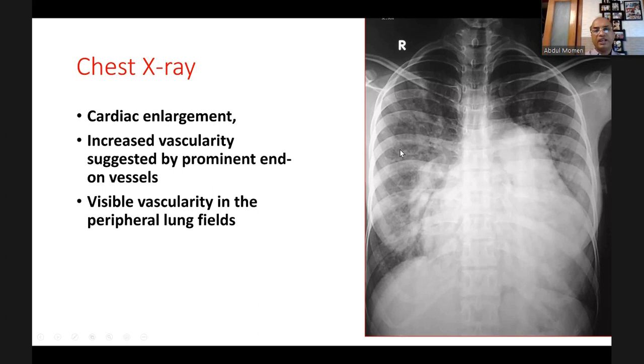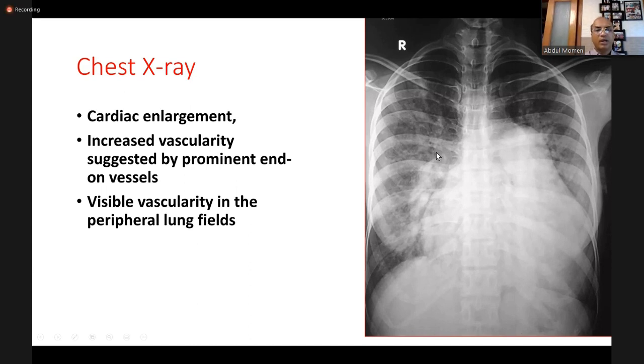If we divide the lung field into thirds, medial third, middle third, and lateral third, what is normal vascularity? Up to the middle third, the vascular markings are visible. But here, even after the middle third, the lateral third also contains vascular markings. So it is hypervascular or plethoric lung.